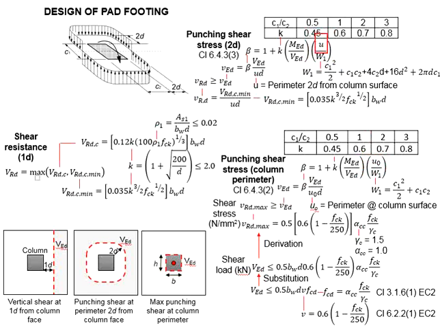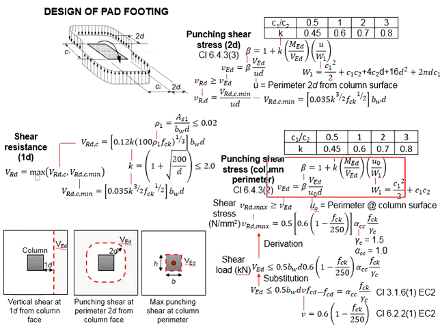The perimeter for 2d is referring to this perimeter, whereas the perimeter for the maximum punching shear will be the column perimeter. And also the equation used to calculate W1 will be different.